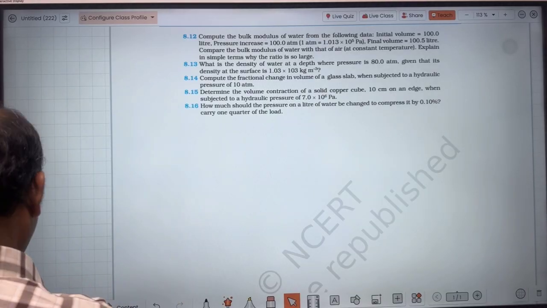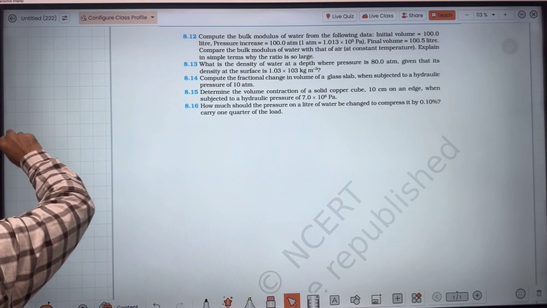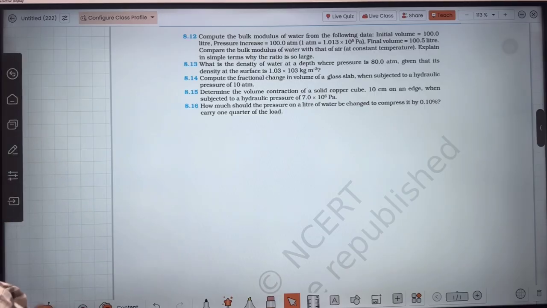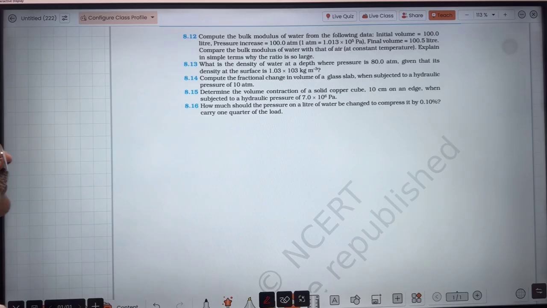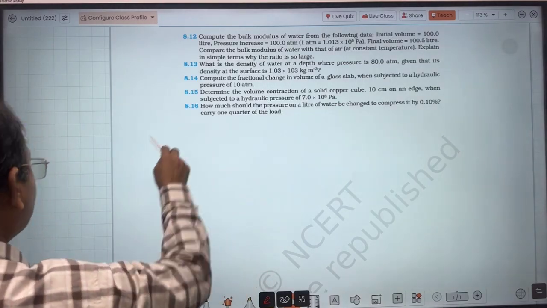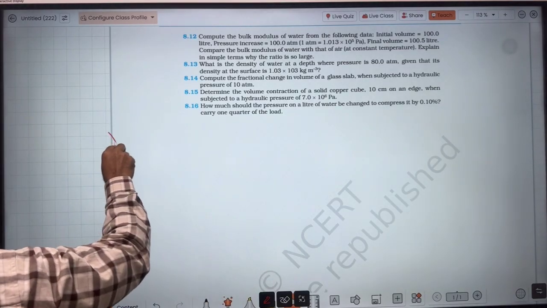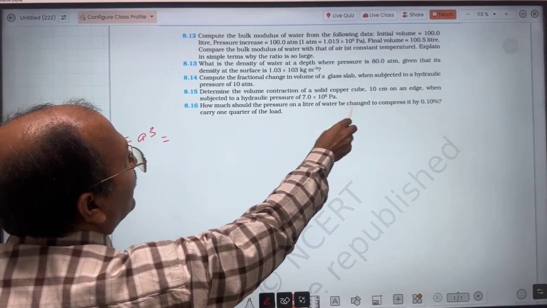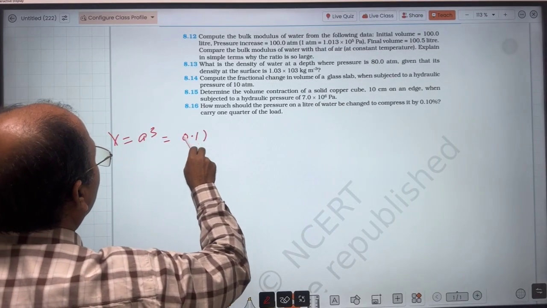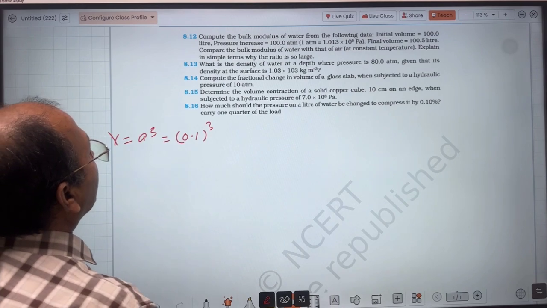So here in this question we are given a cube. Let's find out the volume of the cube. So volume will be side cube, a cube. So volume here, side is given as 10 cm, 0.1 whole cube.